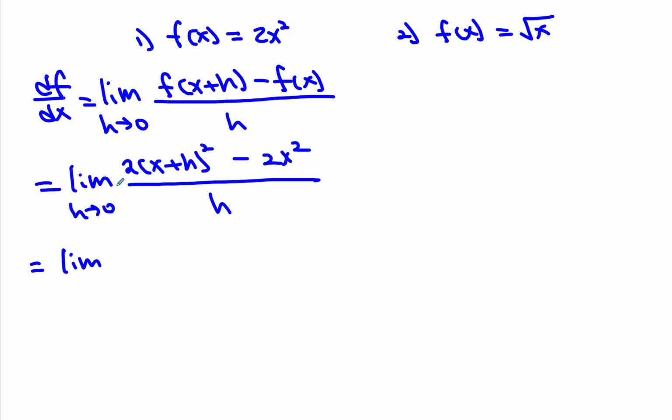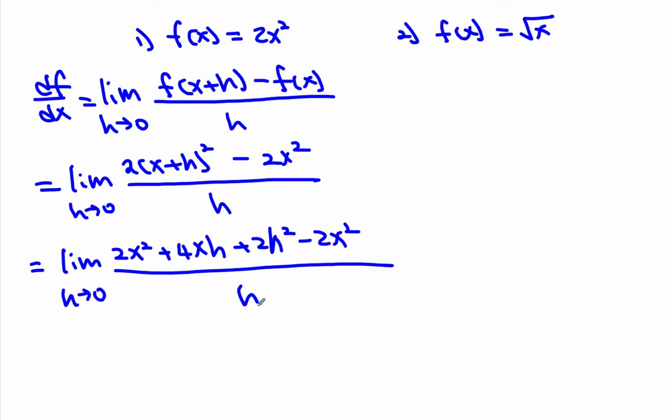In fact, even if it's cubed still, you can factor that nicely. But anyhow, limit as h approaching 0. Here we have 2x squared plus 4xh plus 2h squared minus 2x squared all over h.